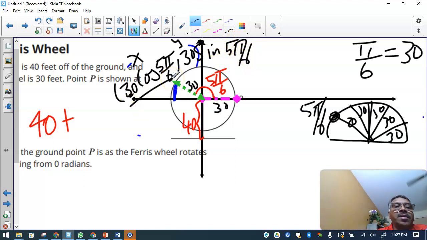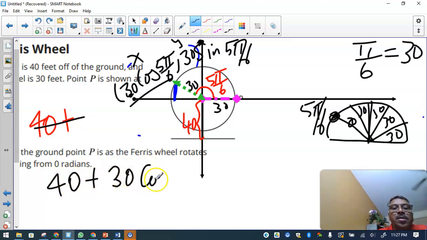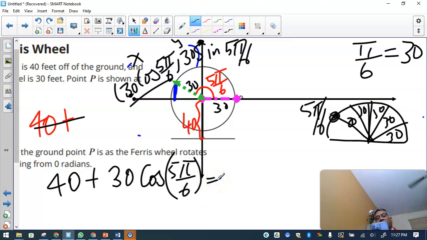So I'm going to write 40 plus 30 cosine of 5 pi by 6. You can use the calculator and the answer is 55 feet.